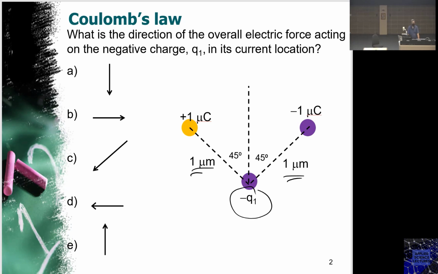So to help you, remember when we introduced the electric force, we said that this electric force is K times Q1 Q2 divided by R squared.